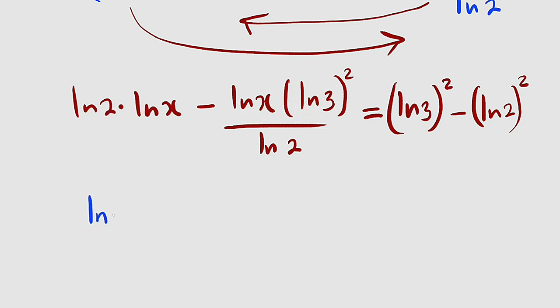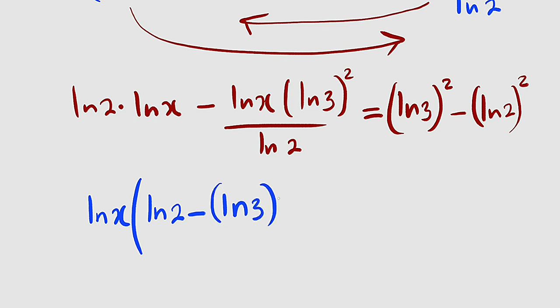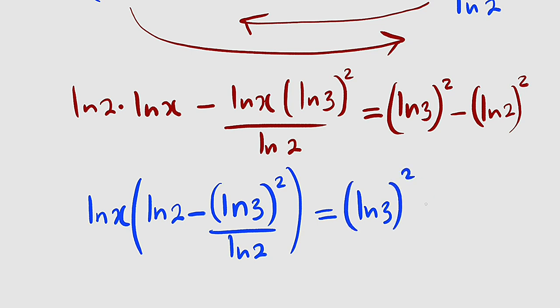So we have ln x multiplied by ln 2 minus (ln 3)² divided by ln 2. This is equal to (ln 3)² minus (ln 2)².